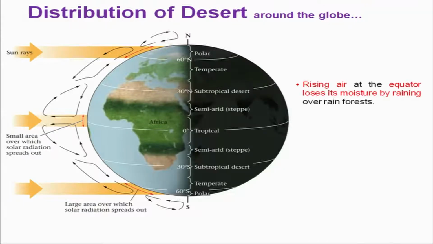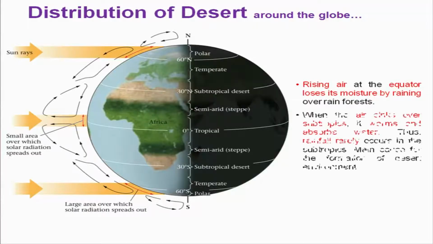So the reason here is very simple: the rising air at the equator loses its moisture by raining, and this rainfall is mostly seen in the rainforest area. When the air sinks over subtropics, it warms and absorbs water. Thus rainfall is rare in subtropical areas.